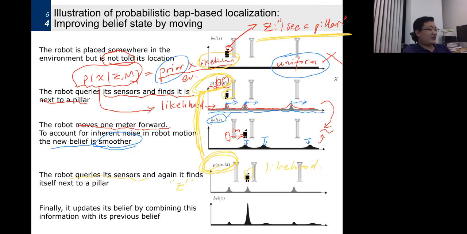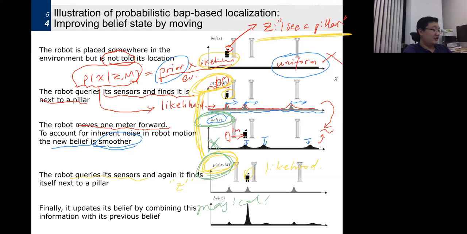So the magic happens in the last step. Why is this magical? Because we can take this likelihood and multiply it with the previous belief.